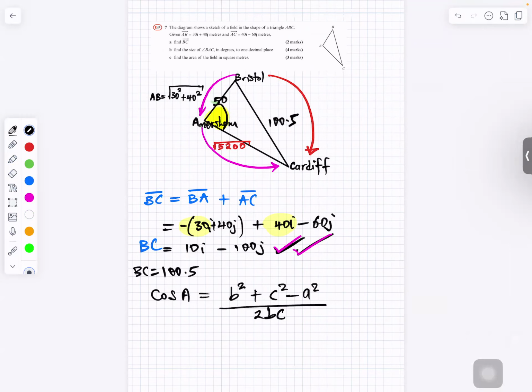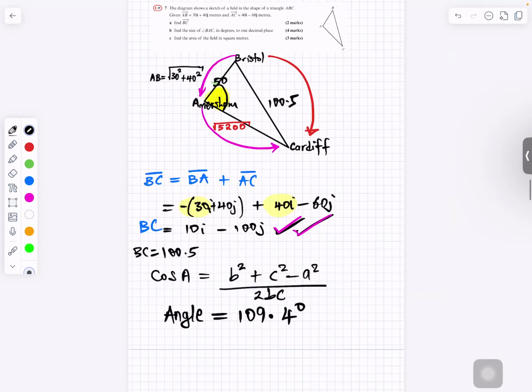The main thing is you've got the formula, but there's a lot of numbers to put in the calculator, and that will give you the angle. I'll just write the answer: the angle you will get is 109.4 degrees.